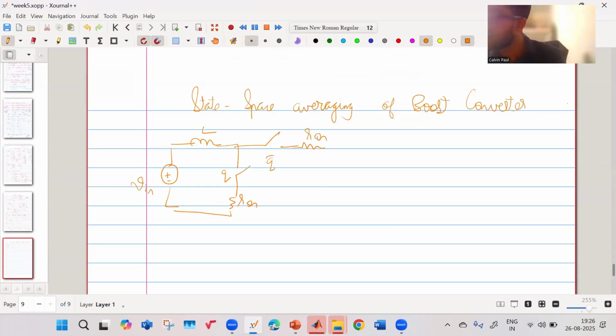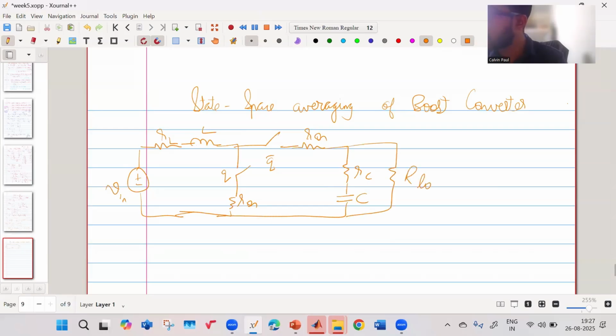Similarly, I forgot, you will have a DCR of the inductor, RL. This is your input. This is your R on. This is your RC. This is your C. And this is your load resistance R load.